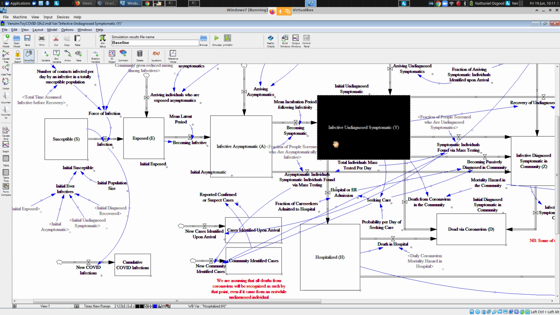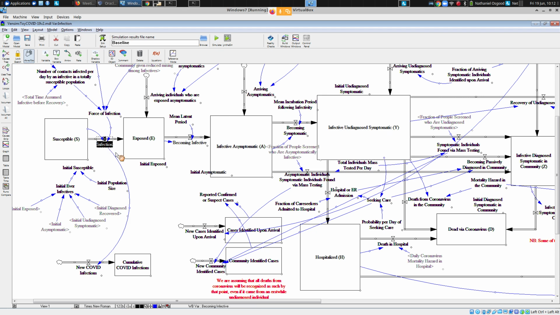In addition to that, within this diagram you'll see these things that almost look like pipes, with a big arrow and two parallel lines. These are what are called flows, and they indicate a transition between one stock, one of these accumulations, and another. In this case, we have an infection transition here.